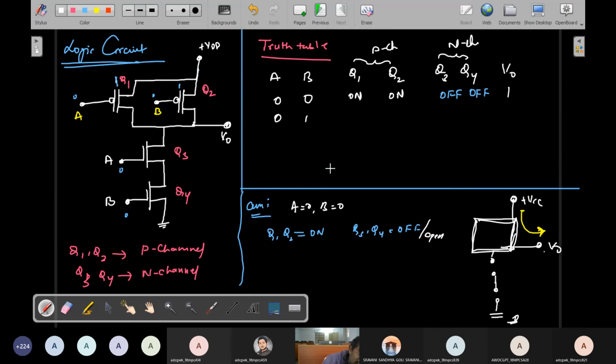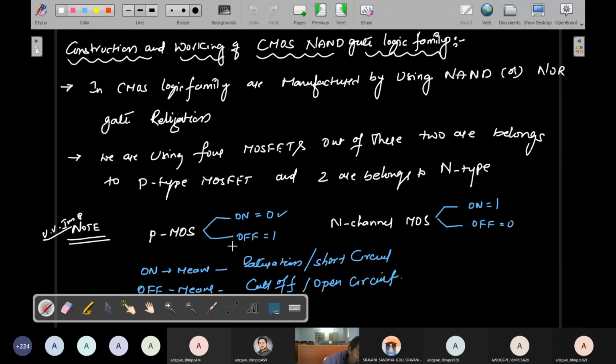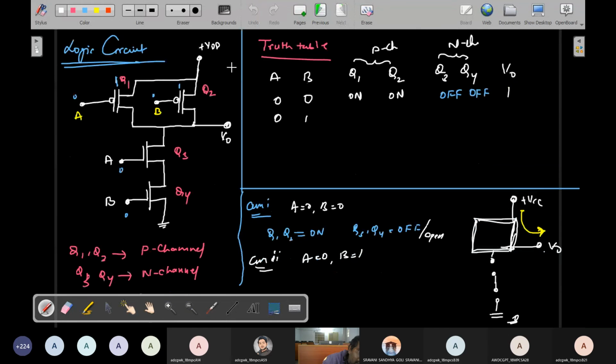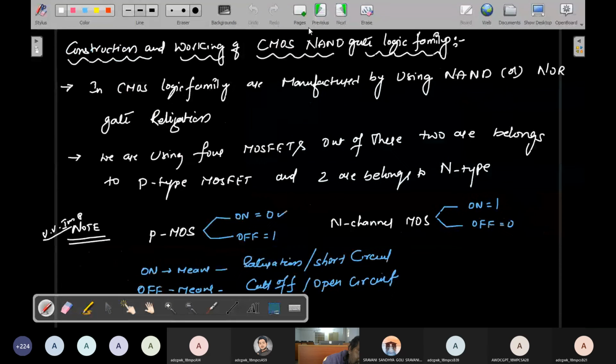Case 2, 0 1: A is equal to 0, B is equal to 1. In this situation, A is equal to 0, so it is on state. Why? Because it is a P channel. So Q1 is in the on state. B is equal to 1, so it is in the off state.